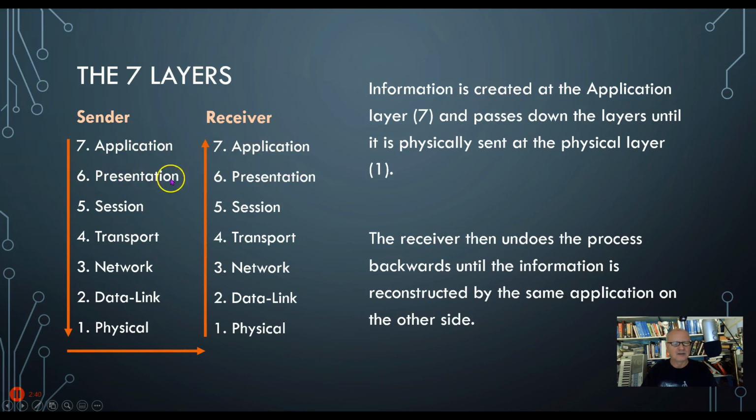So it's interesting, at each one of these layers, everything should look exactly like it does on the opposite side. So that's how the OSI model works, and we're going to go through these things in depth later on.